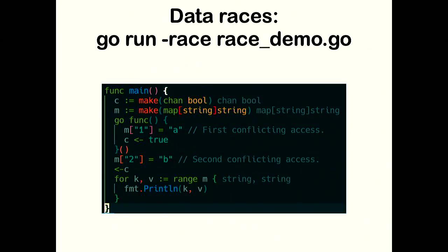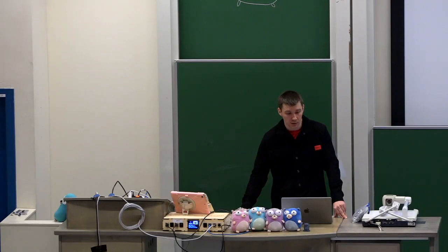Returning to our case, I put this very simple example on the slides. Sometimes you have conflicting access, and you have data races. I saw it a few times in some open source projects, but usually people do not do it.